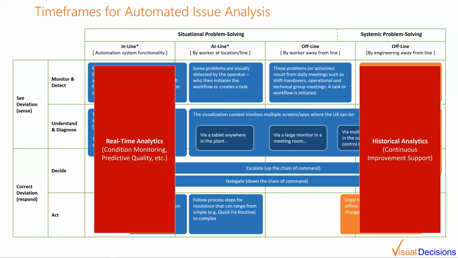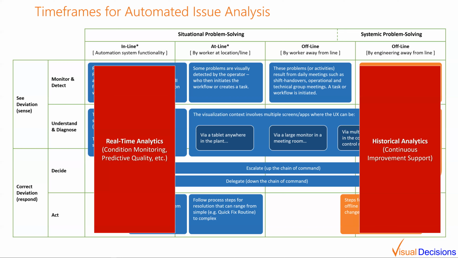And then from an offline mode, we're looking more at historical analysis and a larger body of data, and really looking at what are the biggest problems we have overall in our manufacturing process, and what are the different improvement events that we want to create that will help us optimize our manufacturing process as much as we possibly can.